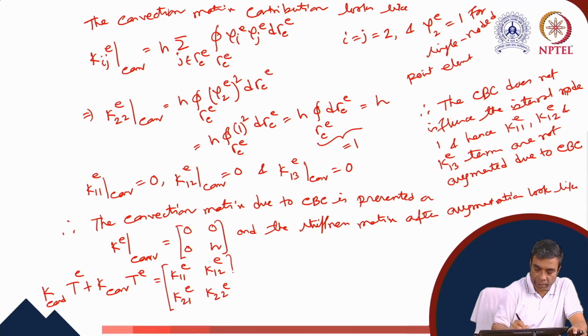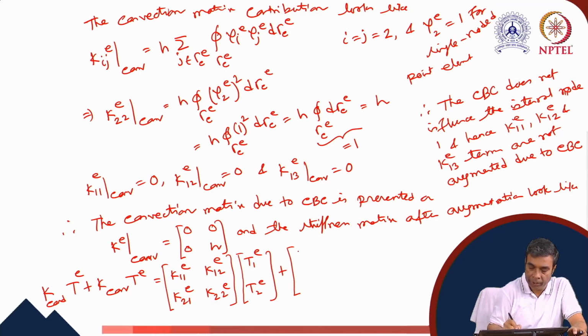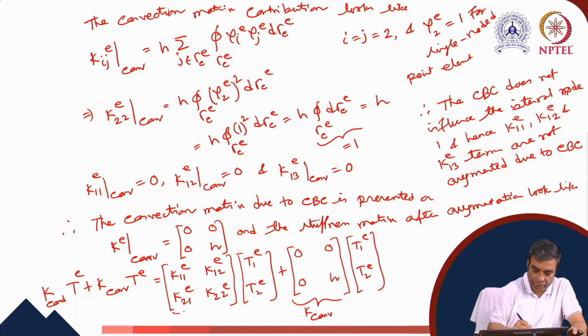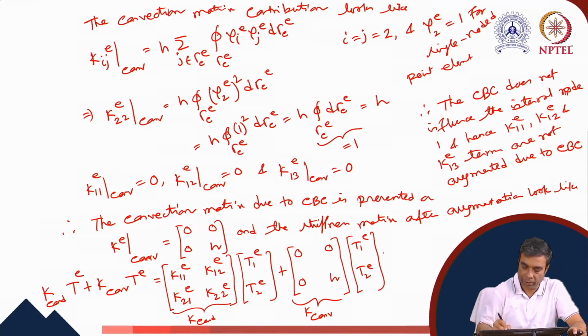This is due to conduction. The unknown temperatures are T1E and T2E. Due to convection, the augmentation is only for the K22E term. So we have the convection matrix with T1E and T2E. So this is K due to convection and this is the stiffness matrix due to conduction.